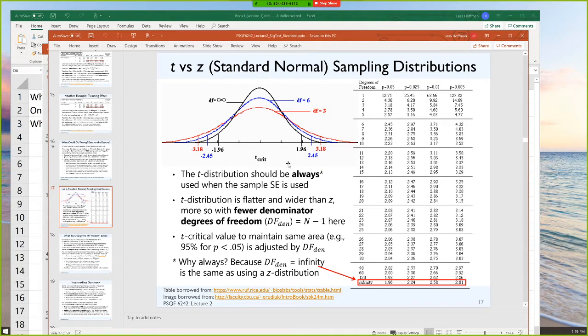So it's 2.5% on one side of the distribution, 2.5% on the other in terms of the area. What number that is exactly, where the cutoff is, that tells us where the 5% mark is, depends on our denominator degrees of freedom. That's a function of how many people we have and how many fixed effects we've estimated.